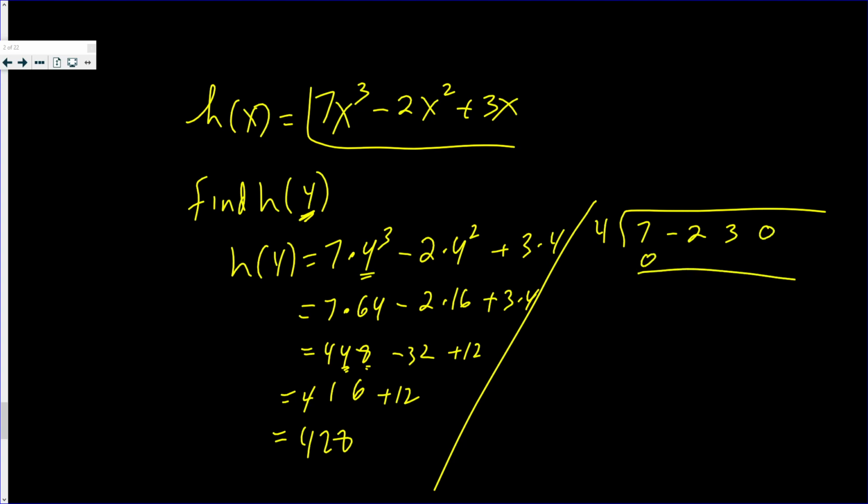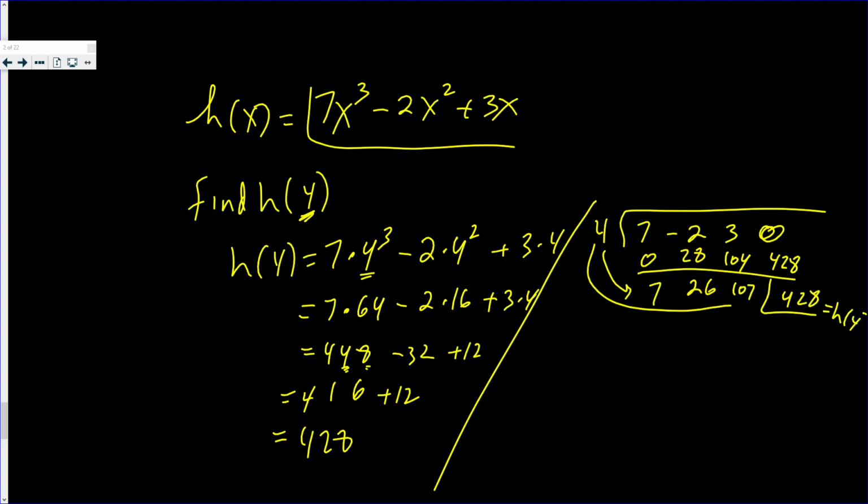Put down the 7, add. 4 times 7 is 28, add. 4 times 26 is 104, add. Get 107. 4 times that is 428, and when you add 0 and 428, you get 428, which is h of 4. This is just another way of doing function evaluation.